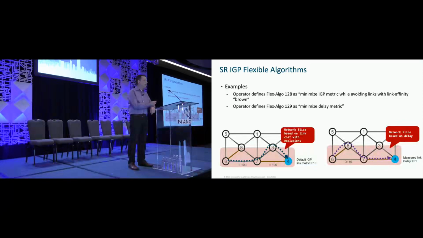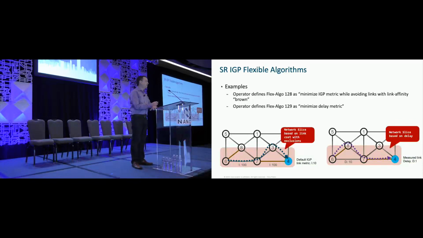In the next example, the same operator, or another operator, I guess it's the same because it has the same topology and the same routers in the so-called slice, but this time he wants to minimize on the delay to reach the destination. Now you see a completely different path to go from node 6 to node 4 in the violet arrow. 2 completely different objectives between 2 destinations.